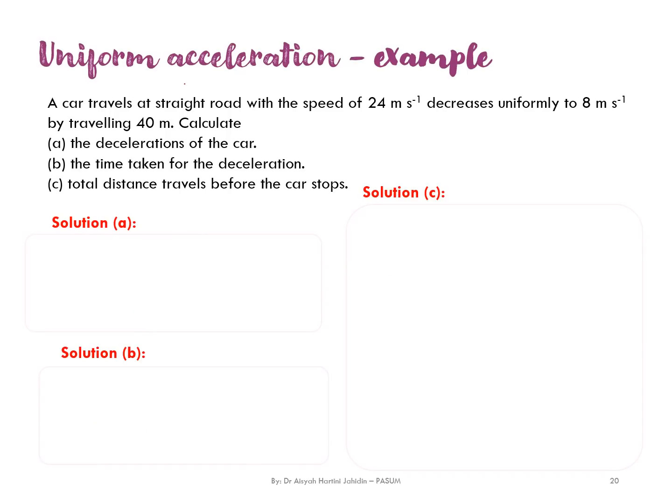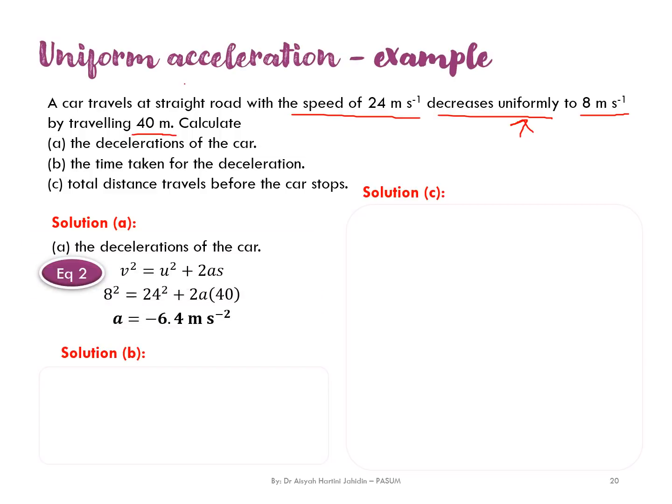Before we end our first lecture, let's see an example here. A car travels on a straight road with a speed of 24 meters per second, decreasing uniformly to 8 meters per second while traveling 40 meters. Because the keyword is uniformly, we can apply the kinematics equations to solve this problem. For A, we need to find the deceleration of the car.